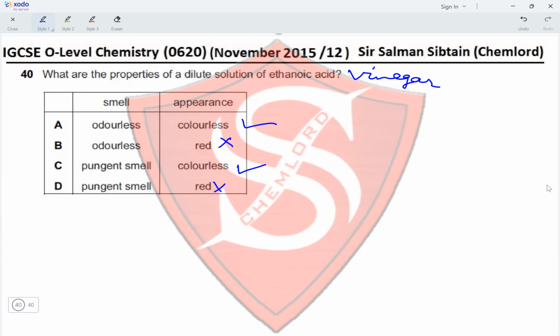And smell. Vinegar does not have a very good smell. So it is not odorless. It has a pungent smell. A pungent smell is not very welcoming. It is a stinging smell. So this makes option C the correct option for this question.